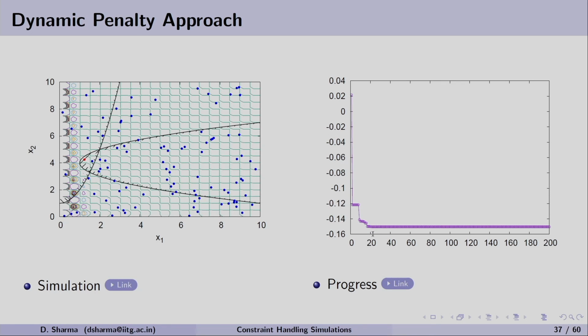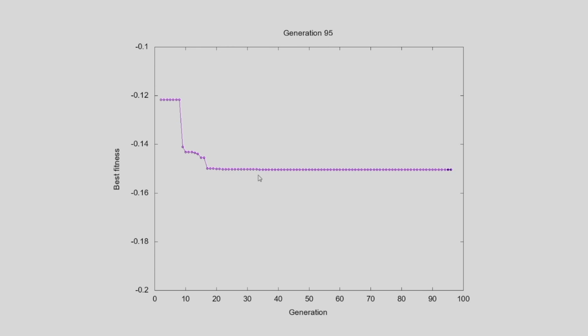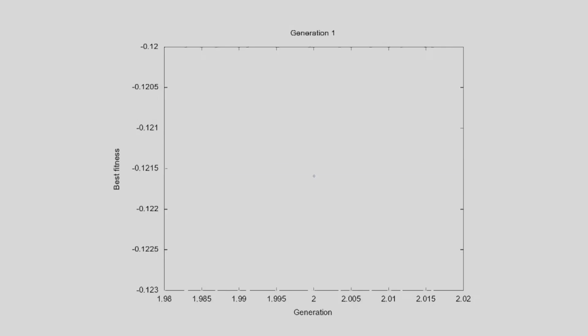Again, close to 20 generations or even less than that, the optimum point was found by this particular penalty approach. As can be seen, almost at the 16th generation, the optimum was found and the best fitness remains constant once the optimum solution was found. So, let us wait for 200 generations.